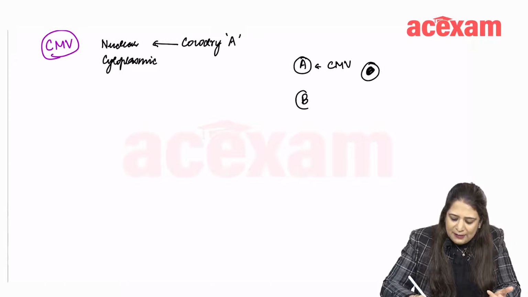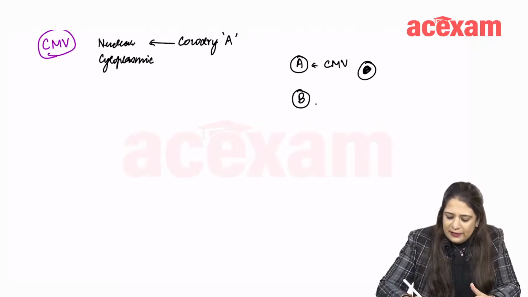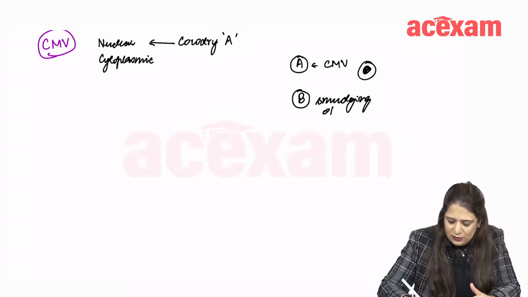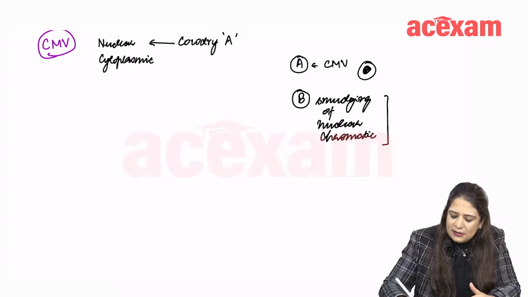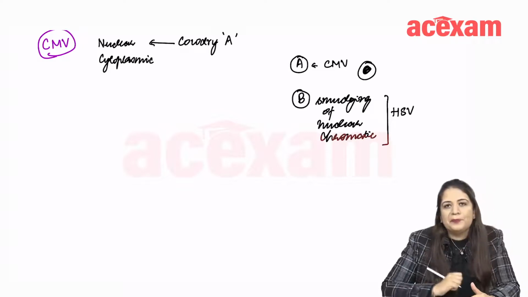Whereas Cowdry type B means that there is some smudging of the nuclear chromatin. That kind of cytopathic effect is known as Cowdry type B, and it is specially seen in HSV.